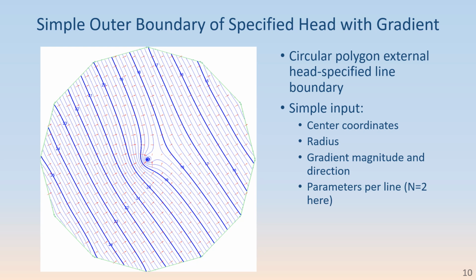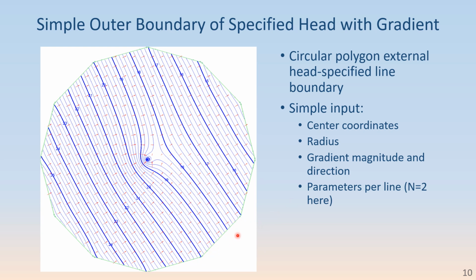So it creates a circular polygon of external head specified line boundary elements, this green roughly circular polygon, and the only input you need to do here are these 4 items here: the center coordinates of the circle, the radius of the circle, the hydraulic gradient and its magnitude and direction, and the parameters per line for each of these segments.